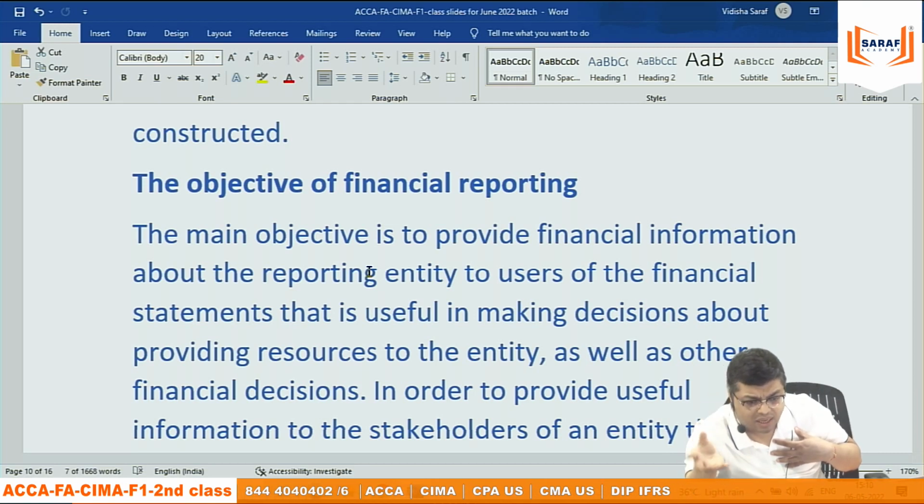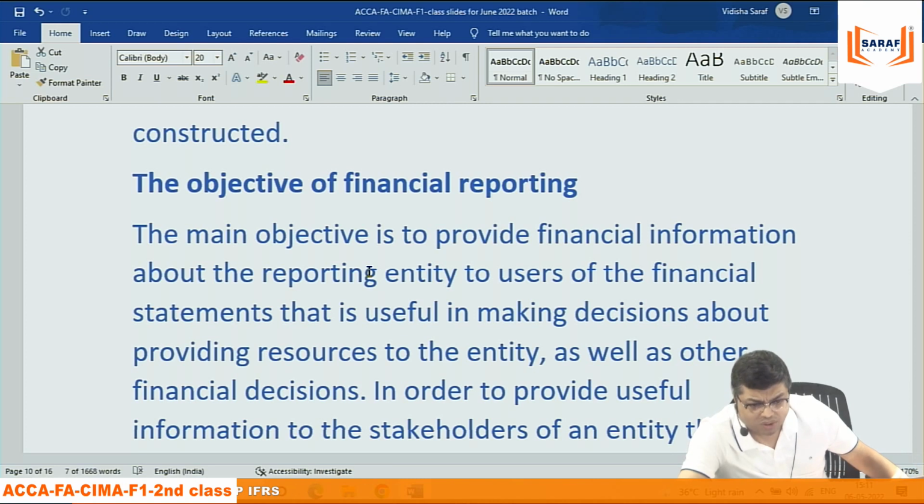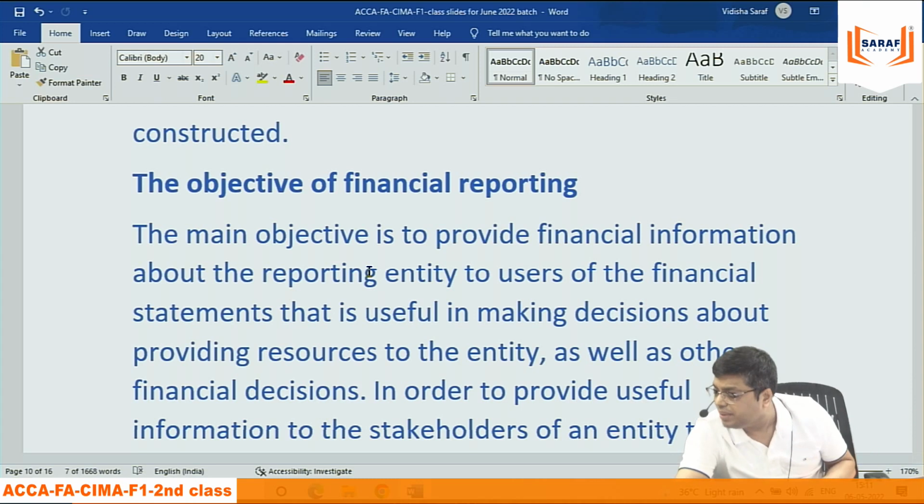If I am a financer, whether I should give a loan to the company or not. If I am a supplier, whether I should give goods and services to the company or not. If I am a customer, whether I should buy goods and services from the company or not. That means the objective of financial statements is that users should be able to get the information which they require. That is the objective of financial reporting.